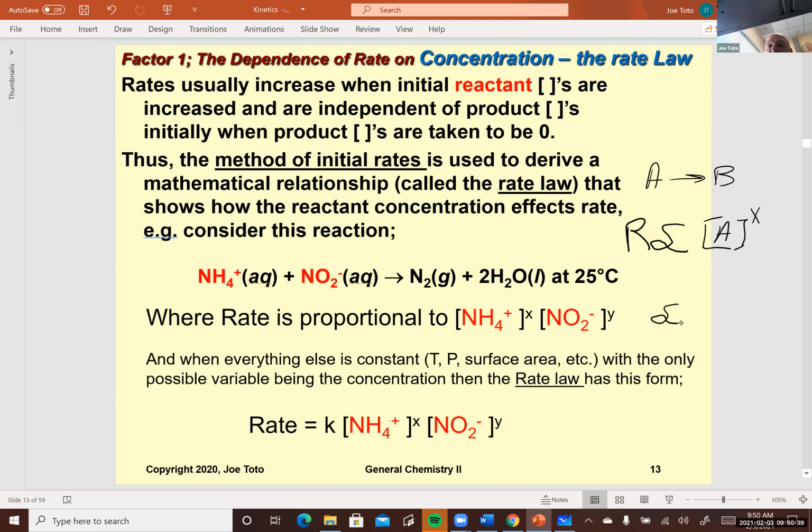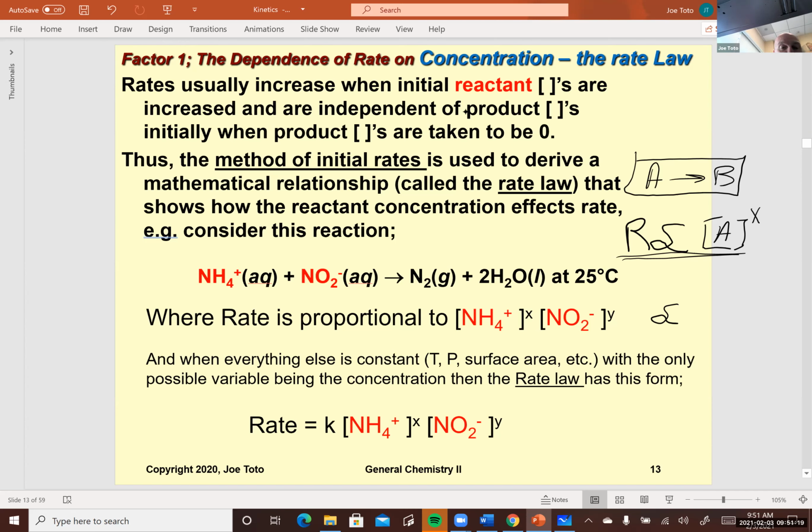So I can put that dependency as another unknown, such as X. But I think you can see that, and it's important to notice this, that as soon as I write down the reaction, whatever it is, I have defined my reactants and I've defined my products. So when I talk about the rate of that reaction or the rate law, then I'm going to want to identify the reactants and know that that rate has some connection to the concentration of the reactants, not the products.